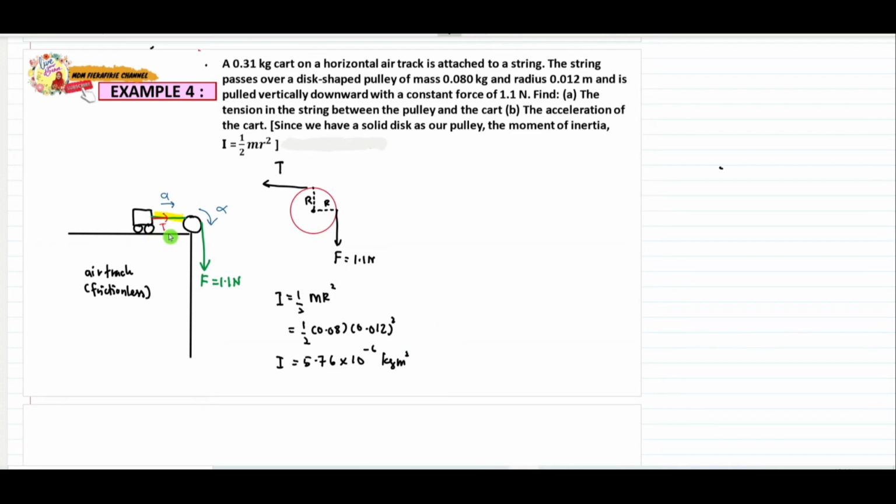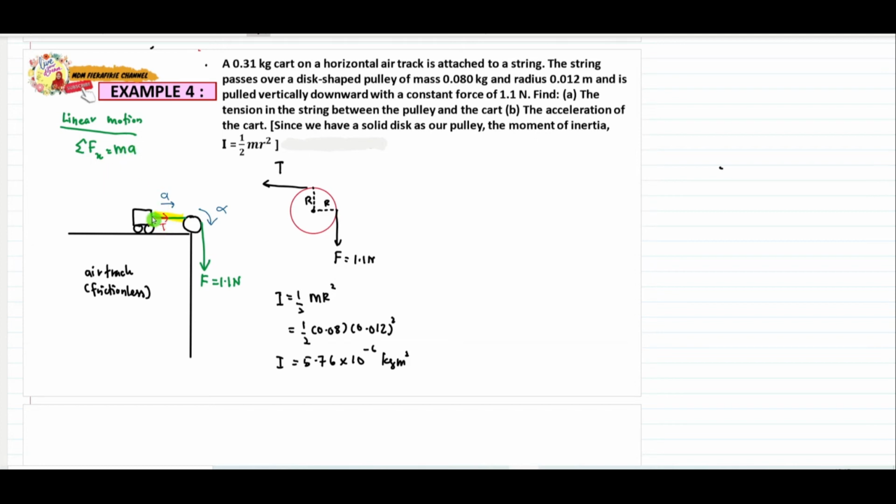Okay, so we want to find the tension in the string. So now look at the cart here. Here we have a linear motion for the cart. If we want to consider the motion of the cart, it is a linear motion, and the direction is horizontal direction. So I will write total force X equal to MA.